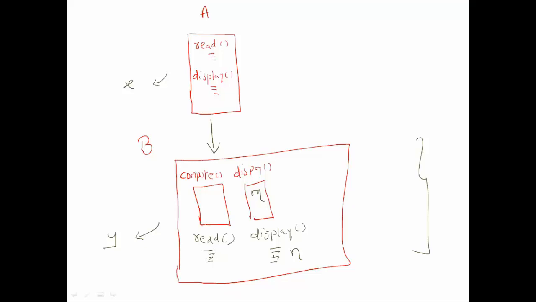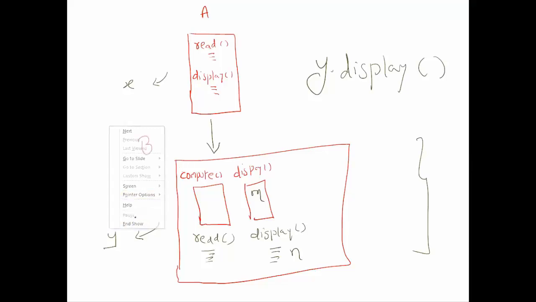Now what happens over here is, if I write a statement like y dot display, by writing this, I'm asking my object y to invoke this method called display. मैं object y को बोल रहा हूं कि display method को call करो. Now the problem is that when it enters this class to call this display function, तो उसको दो display function दिखेंगे, और अब वो confuse हो जाएगा कि कौन सा वाला display function call किया जाए.